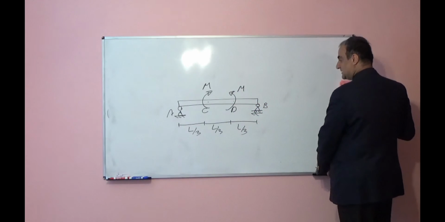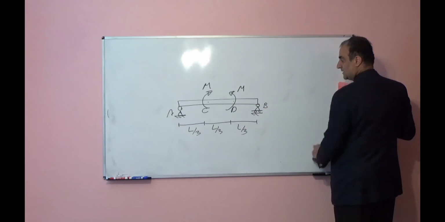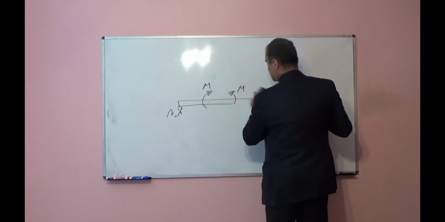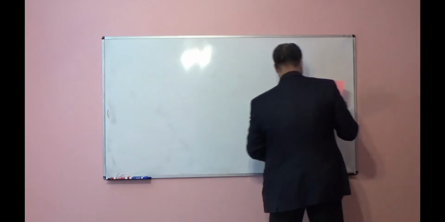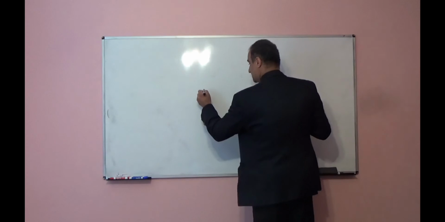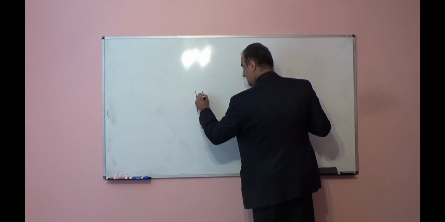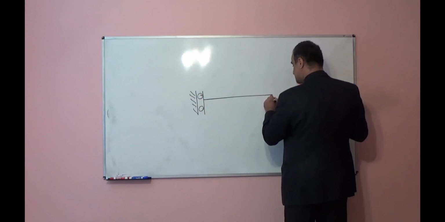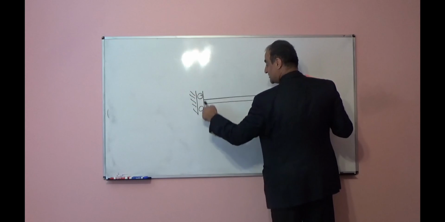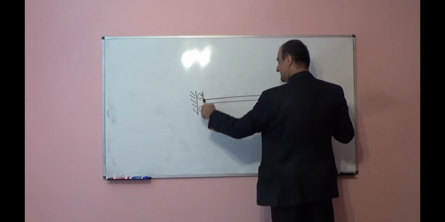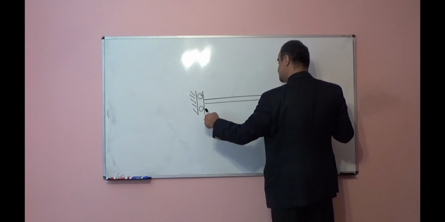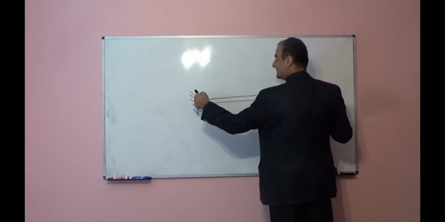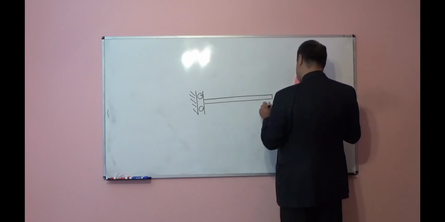The last one, it is this beam. Here you see this support cannot sustain shear force, so the force reaction here is 0, but bending moment reaction we have, but shear force reaction is 0.